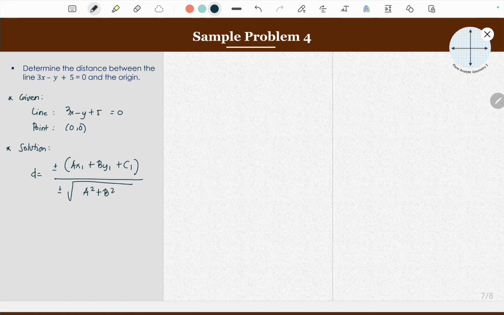What are the values of A, B, C? So this is C, not C1. And x sub 1 and y sub 1.